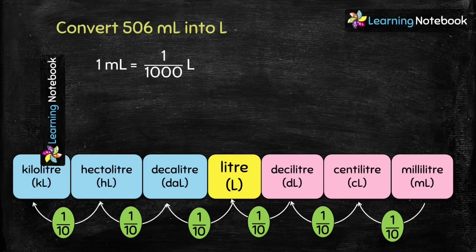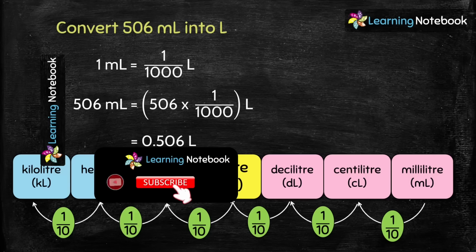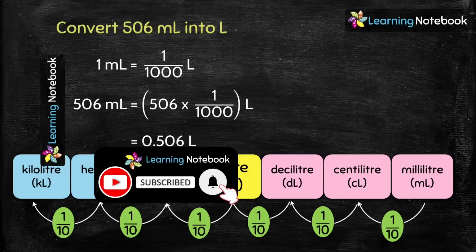So it means 506 milliliters would be equal to 506 multiplied by 1 by 1000. And on division by 1000, we get the answer as 0.506 liter.